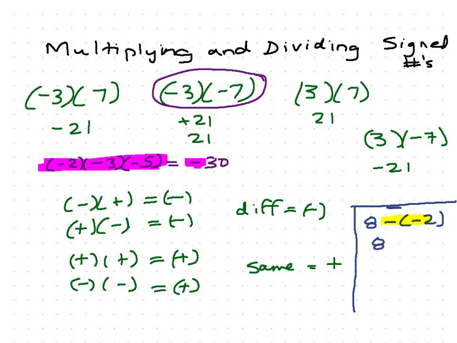And I can do this and make it 8 plus 2 and easily come down to a value of 10. So not all subtraction questions have to be done the way that the textbook says by changing them to additions. When you have double signs, you can use these rules of multiplying and dividing and break it down to one sign. And it might make it easier. And we'll go through these as we proceed in this section.